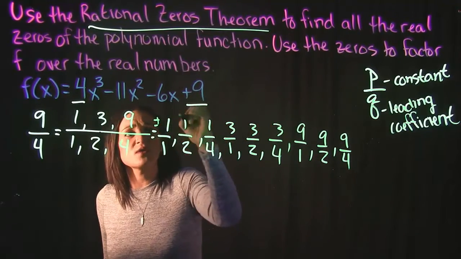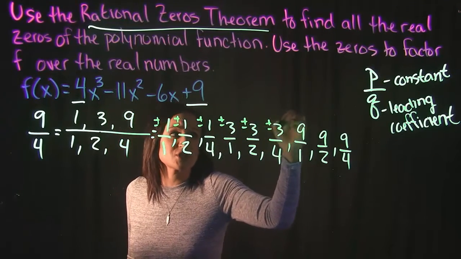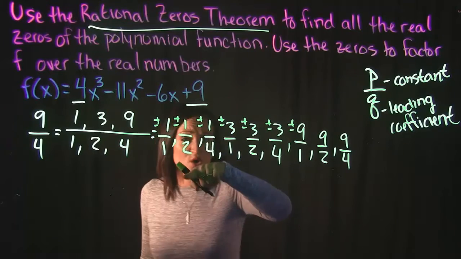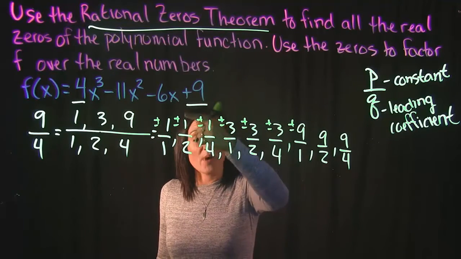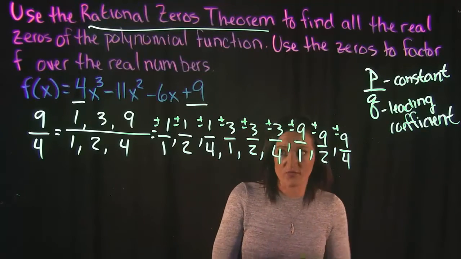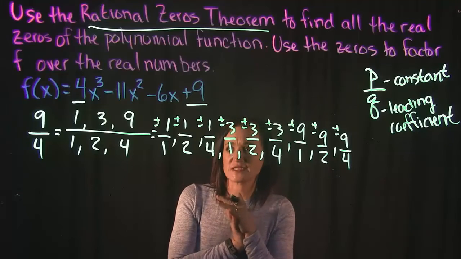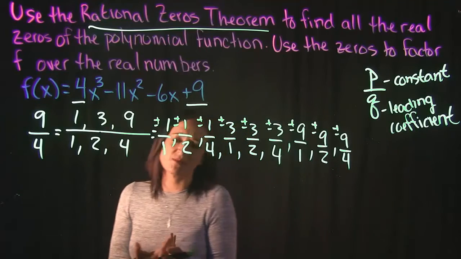And for every single one of these, it could be the positive or negative variation of it. So we have positive 1 over 1, negative 1 over 1, positive 1 over 2, negative 1 over 2, and so on and so forth. When we simplify, some of these are going to be able to be simplified, some are not.